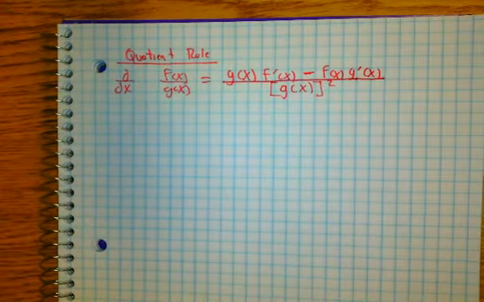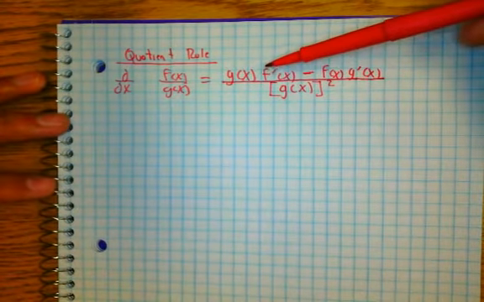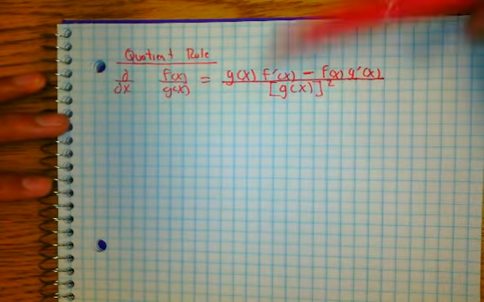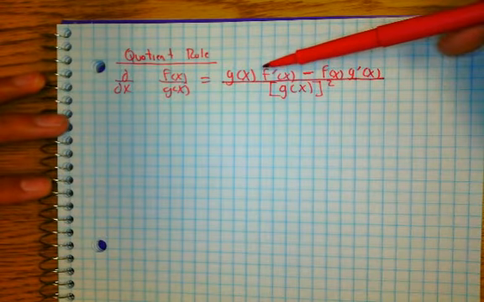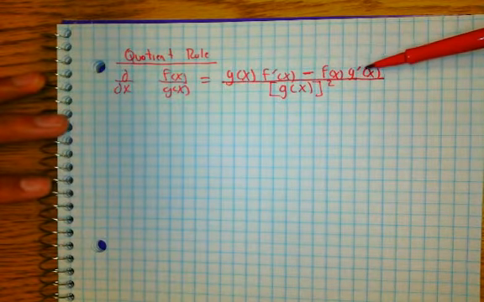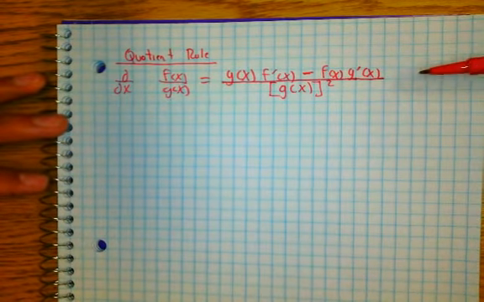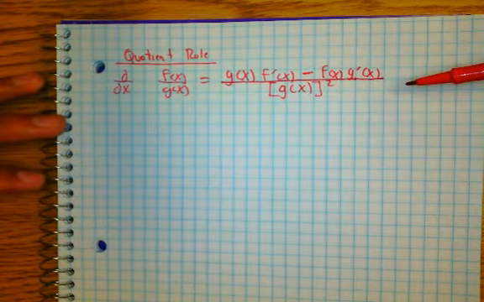Now here's my question to you. If I rewrite this and I say g prime x times f of x minus f prime x times g of x all over g of x squared, would that be the same thing as what I have here? Unfortunately, it will not. You have to remember that with subtraction, the order matters.